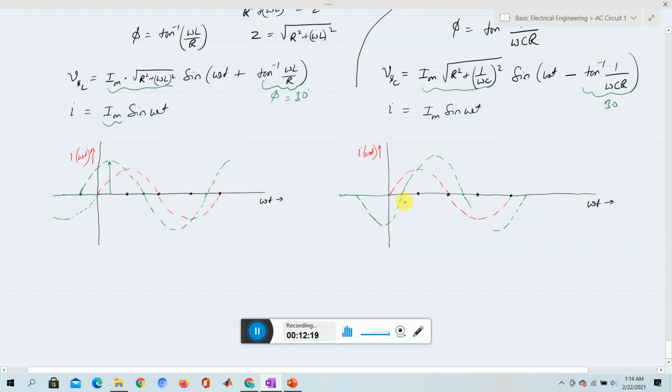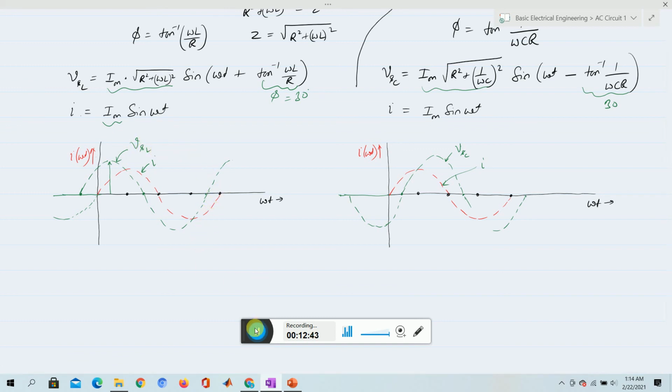So we draw that. The expression may not be 100% correct, but this waveform is okay. So this is the voltage waveform that you get here for the capacitor, and the current waveform is taken as a reference. Here also you have the current as a reference, and the voltage waveform that you get is VSL.